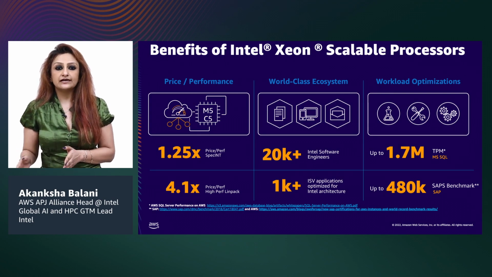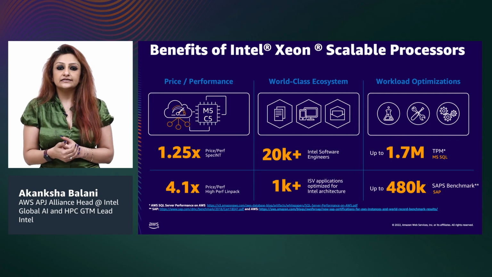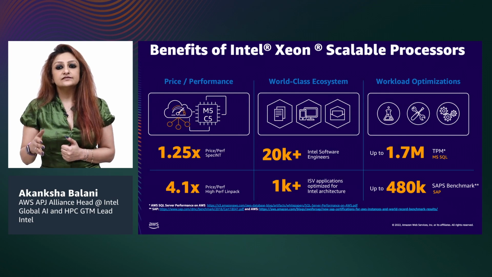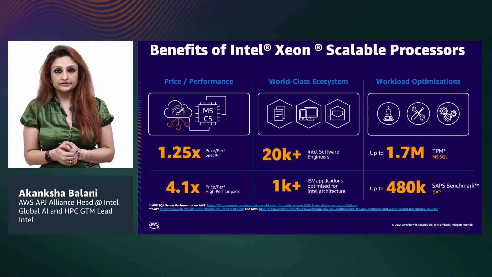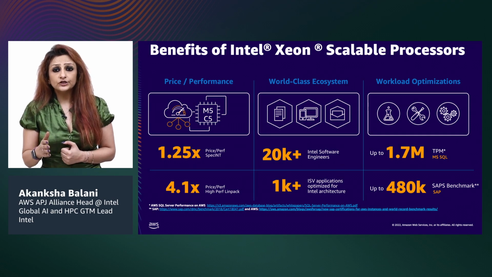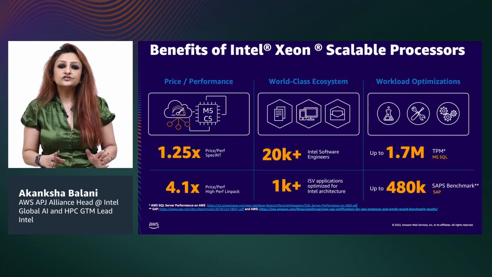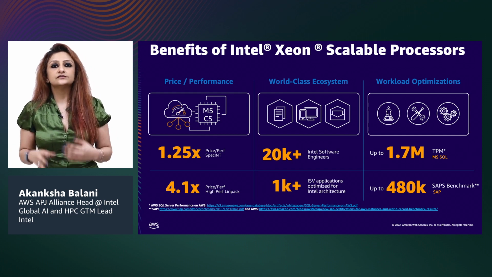AWS, powered by Intel, is SAP certified and delivering up to 480K SAPS benchmarks. Again, this is where the value of Intel in your AWS cloud instances matters. You can focus on running your business, knowing that Intel and AWS have delivered industry-leading certified performance to meet your needs.